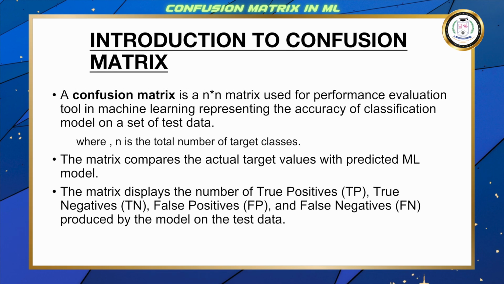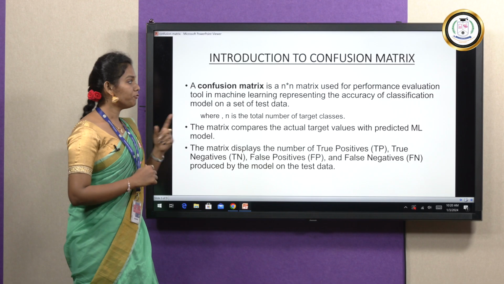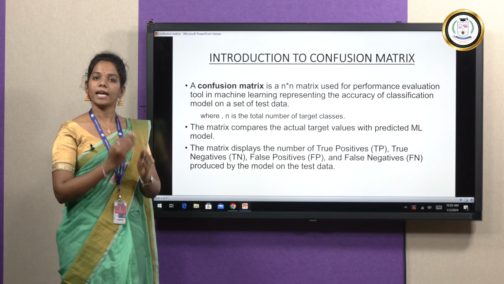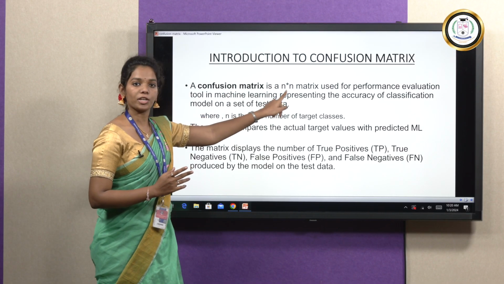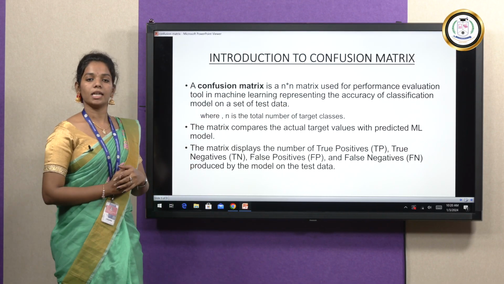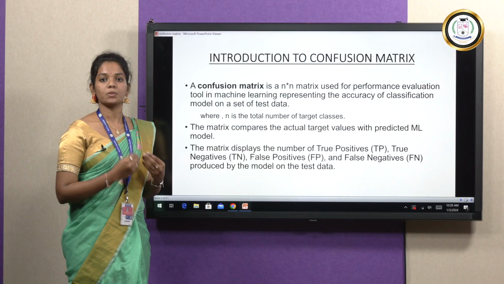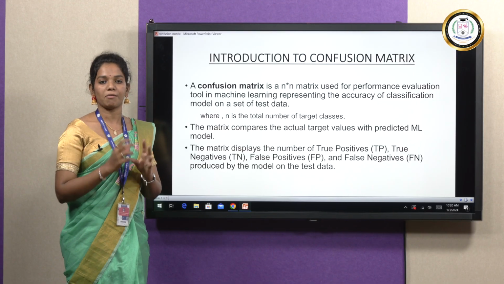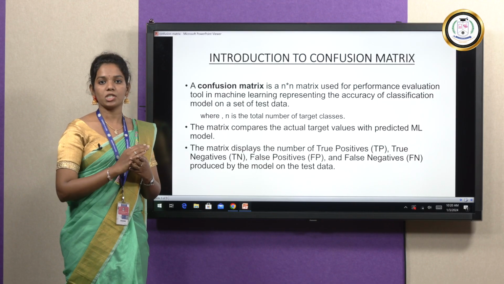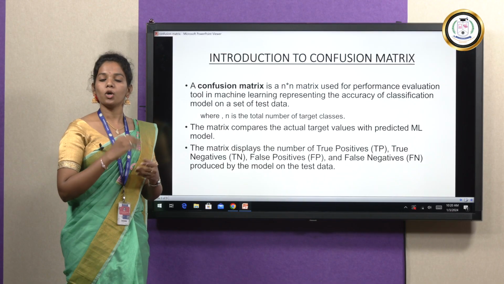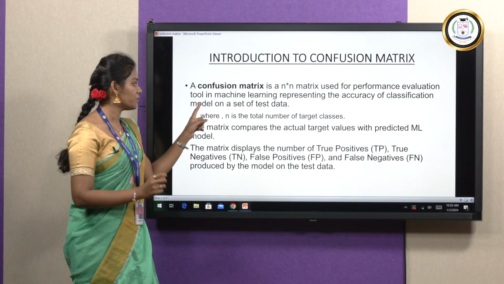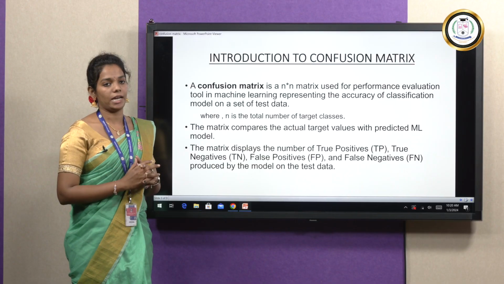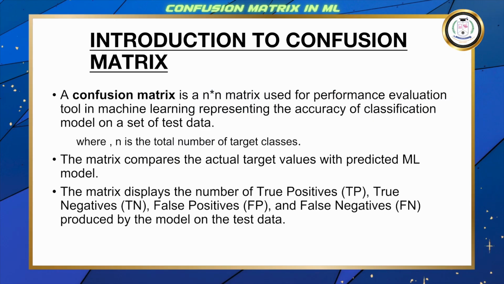So here is the introduction to confusion matrix. A confusion matrix is an n into n matrix, where n is the number of rows and the other n is the number of columns. It is mainly used as a performance evaluation tool in machine learning to represent the accuracy of the classification model on a set of test data, where n is the total number of target classes.